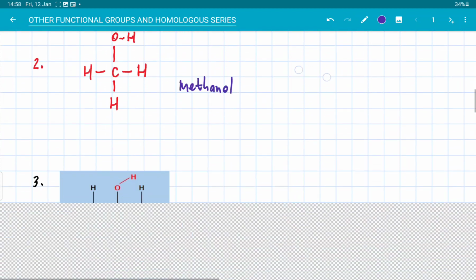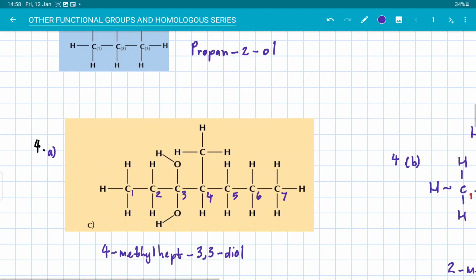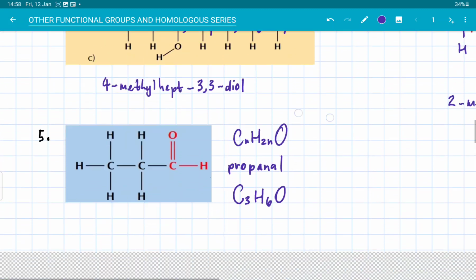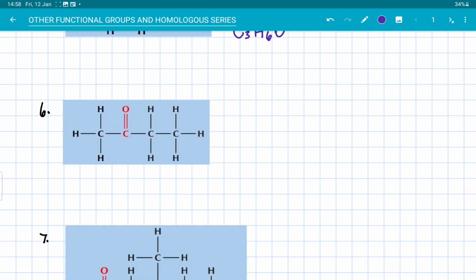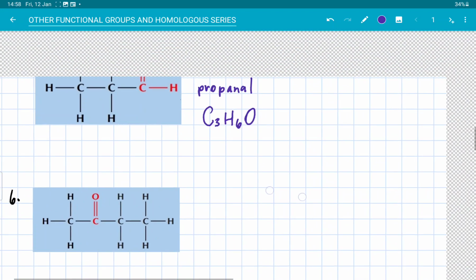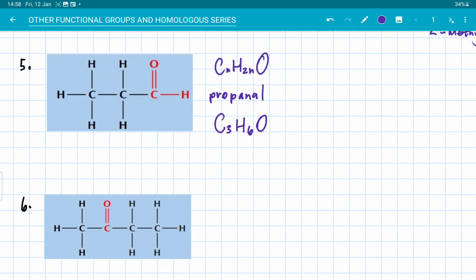So it means now we must name it according to ketones. Ketones end in -one. So it's butan-2-one, because if I count 1, 2, 3, 4, the functional group must be closest, so from the left.